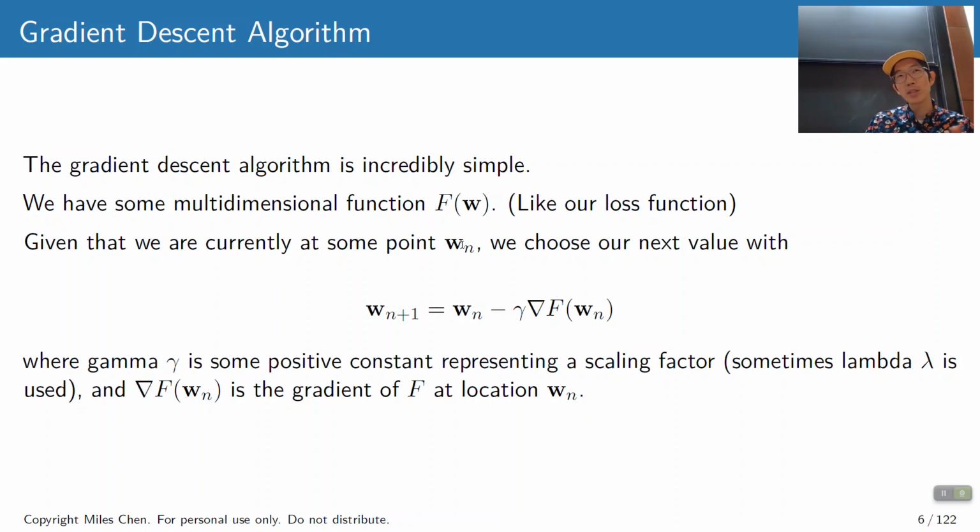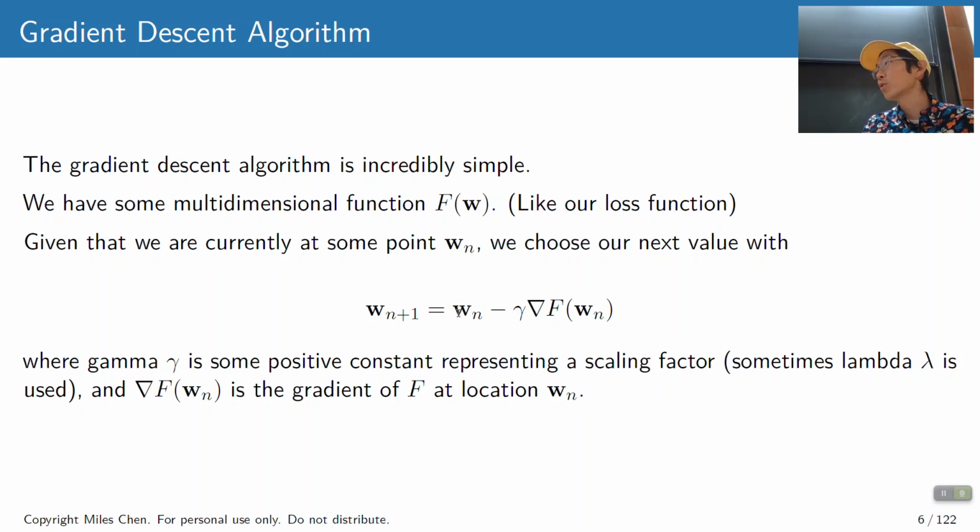And what I want to do is update what my slope and intercept should be. At the next iteration, time n plus 1, what slope and intercept should I use? Well, we take our current slope and intercept, and subtract off gamma times the gradient of the function at that location. Nabla f is the gradient of the loss function at this current location.